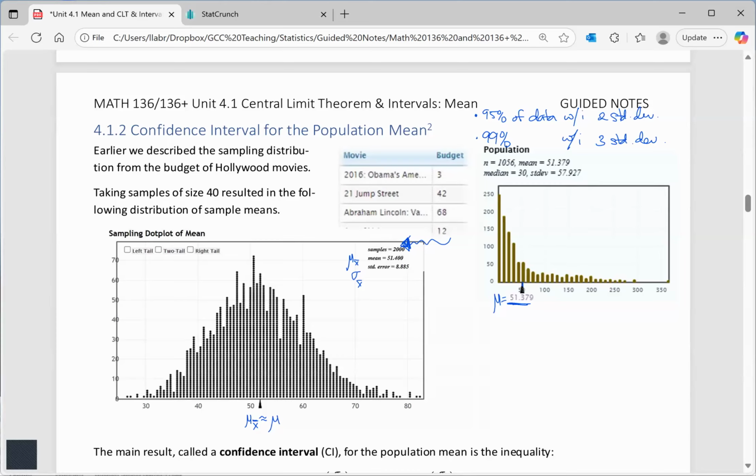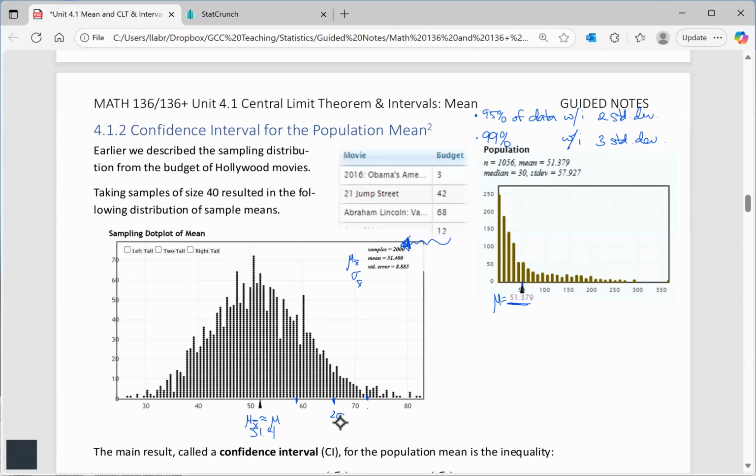The standard deviation that I have on my graphic is 8.8. So if we're at 51.4, and then we go 8, we'll get very close to 60 right here. That's 1 standard deviation. And then we'll go 2 standard deviations to the right. Technically, it's sigma of x bar. And if we go 1 more, we'll end up somewhere around here.